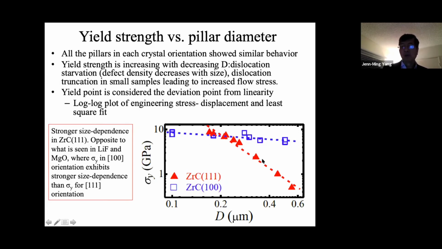However, at 111, it changed from about 0.5 to almost 10 GPa. This is in contrast to what has been observed in lithium fluoride and magnesium oxide, in which the yield strengths in 100 exhibit a very strong size dependence compared to sigma y in the 111 orientation.